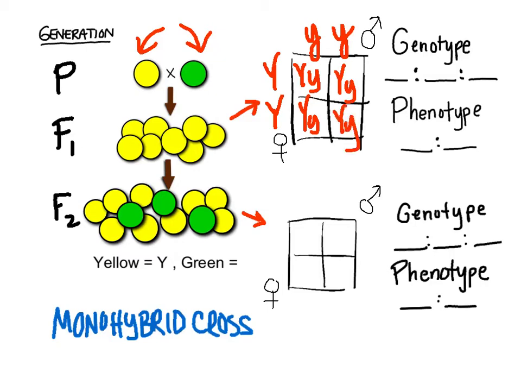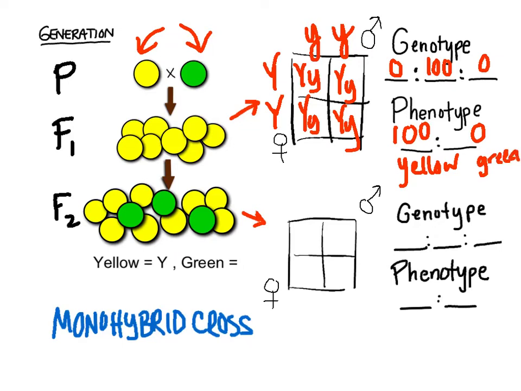So when I look at my genotype, I'm going to have 0% homozygous dominant, I'm going to have 100% heterozygous, and 0% homozygous recessive. When I think about the phenotype, I'm going to see that 100% of these end up being yellow, and 0% end up being green. So it's 100 to 0.